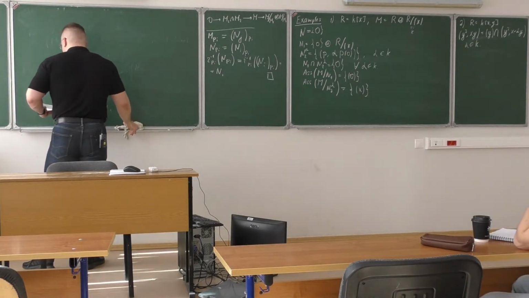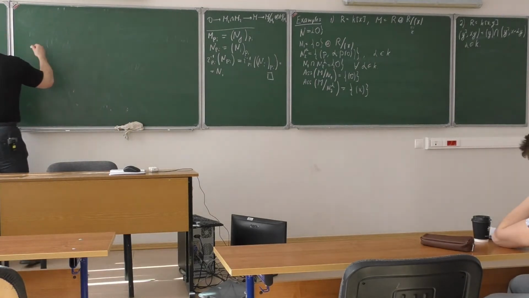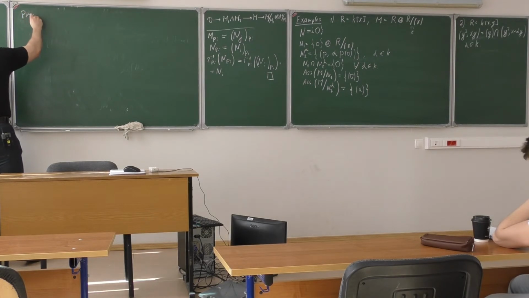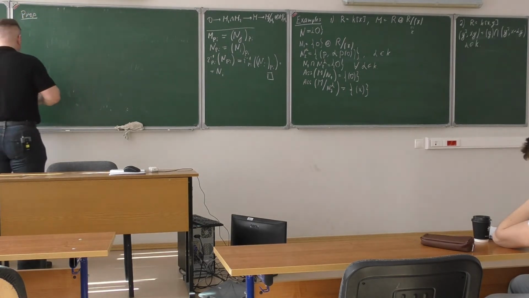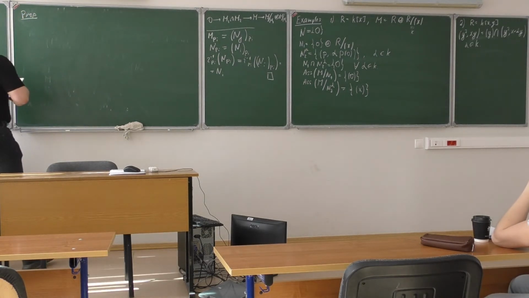And the last proposition in this section and in this chapter, I'm going to leave the proof of this proposition as an exercise, but I don't think this is very hard. It's quite straightforward.